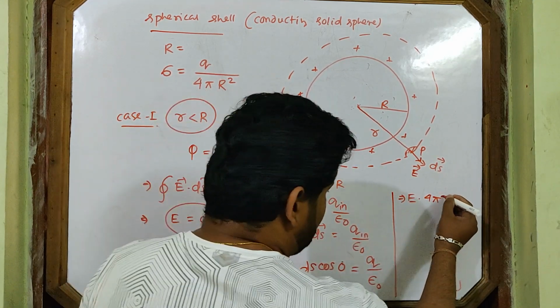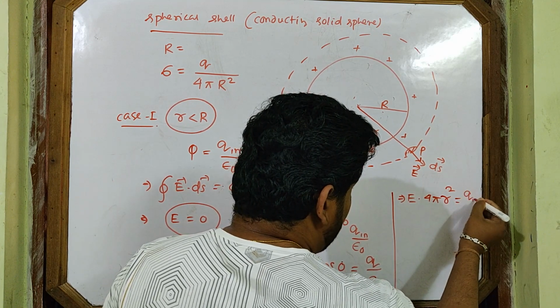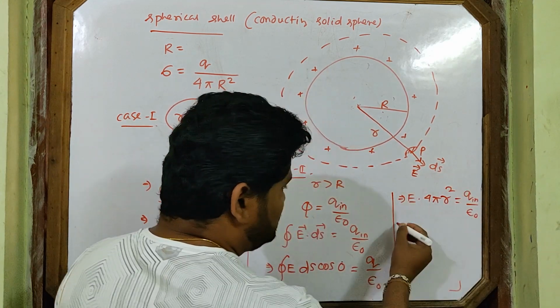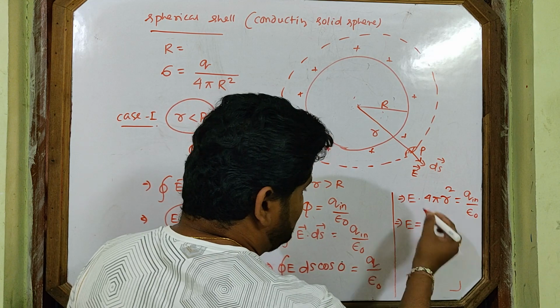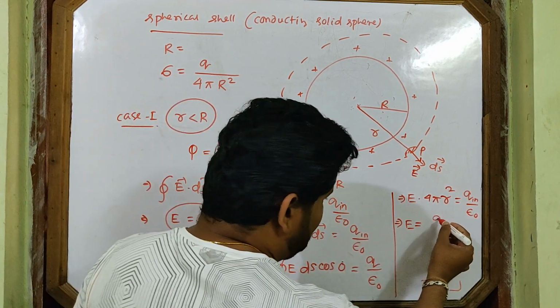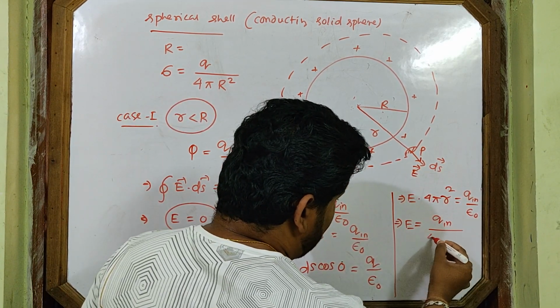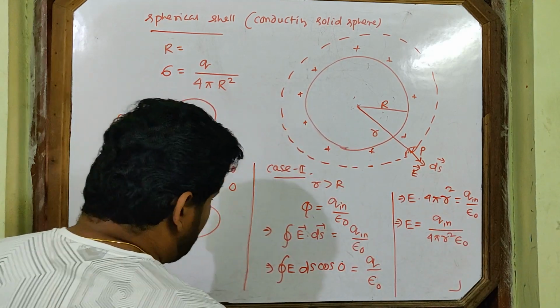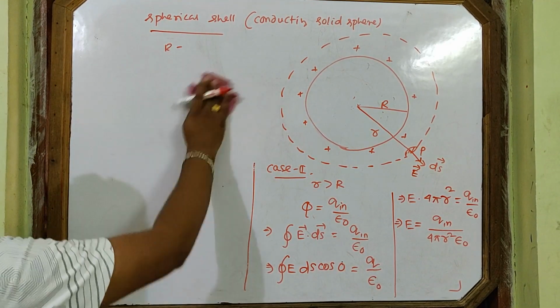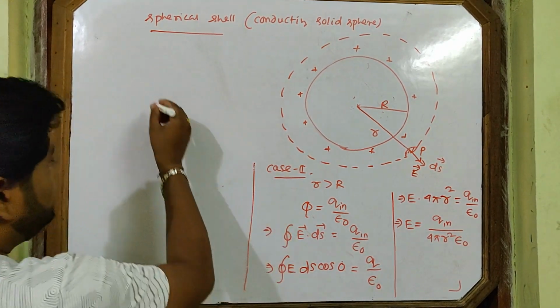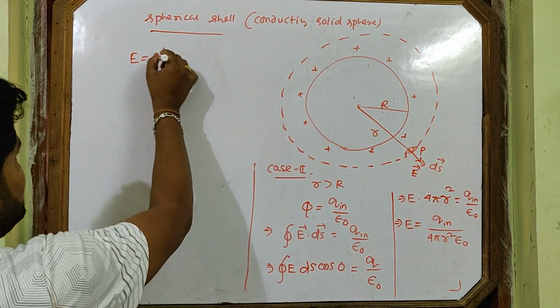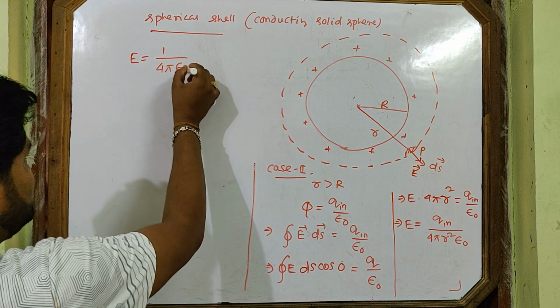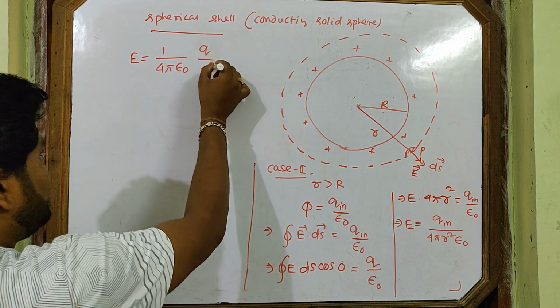So E is equal to Q in by 4 pi r square epsilon naught. So what expression did you get? Finally, E is equal to 1 by 4 pi epsilon naught Q by r square.